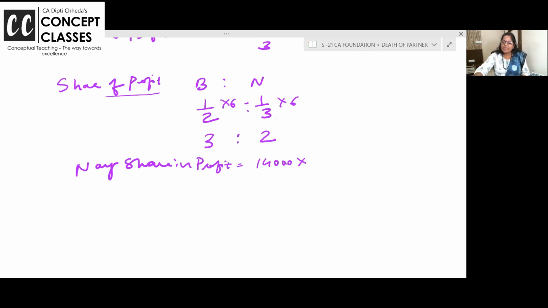These details were given in December and N died on 1st May. So 14,000 into 4 by 12, 4 months profit. If you want, you write the date, 1st May. And in that, what is N's share? 2 by 5. 14,000.